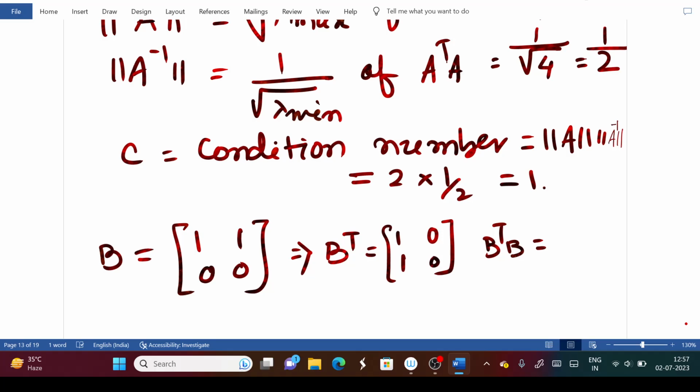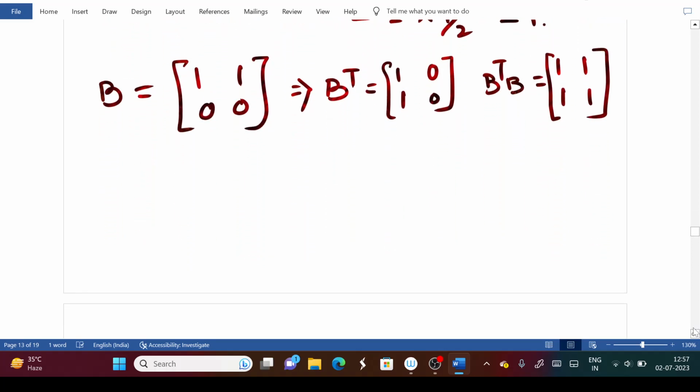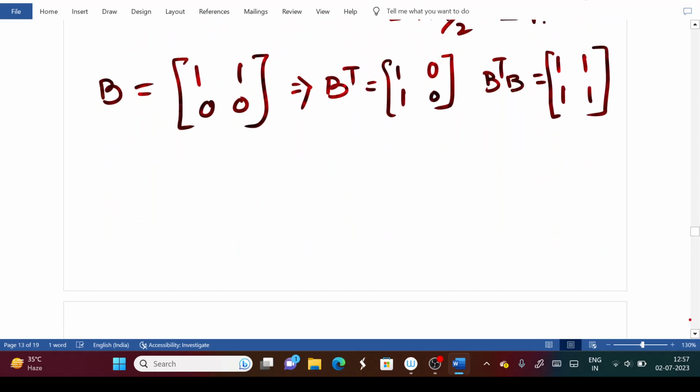The matrix is 1 1 1 1. You can verify using your calculator or you can calculate by yourself. Okay, so we got the matrix, and now we need its two eigenvalues.